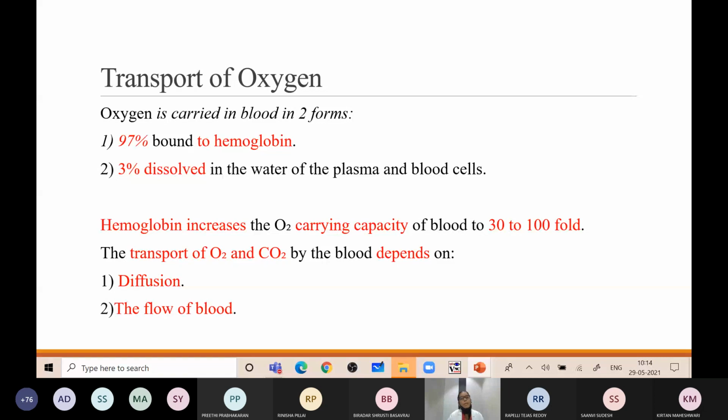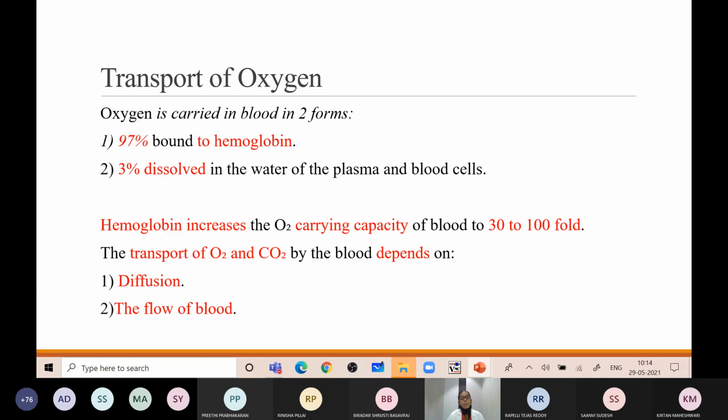Hemoglobin increases the oxygen carrying capacity of blood by 30 to 100% because of the presence of hemoglobin in the RBC. Oxygen carrying capacity has enormously increased.